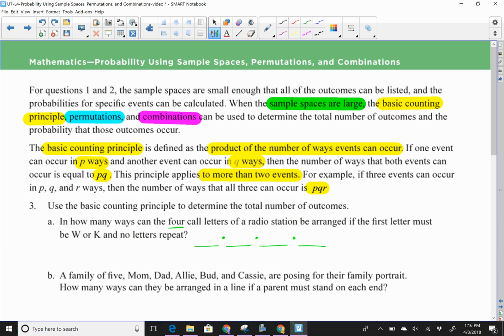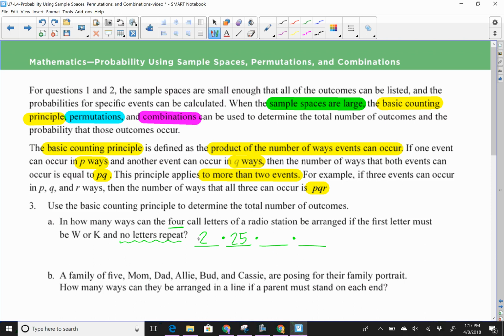Now, they told me the first letter had to be a W or a K, so that means I only have 2 choices for the first blank. Okay, what do I have for the second blank? How many letters are in our alphabet? Yes, there are 26 letters in the alphabet. However, I just used 1 letter right here. So if I used 1 here and there's a total of 26, that means there's only 25 letters left. And they told us the letters cannot repeat.